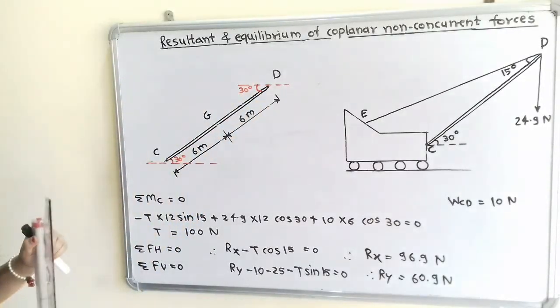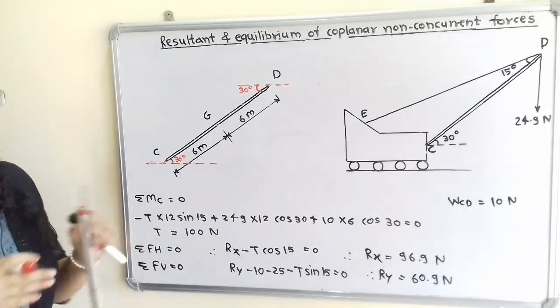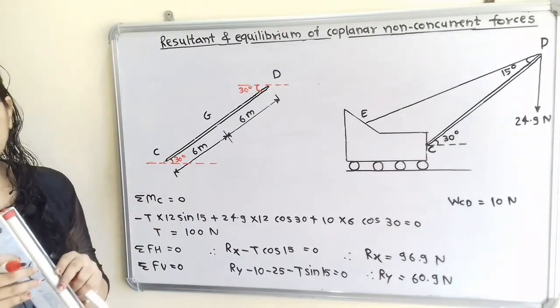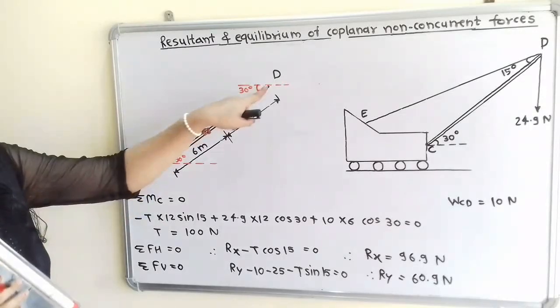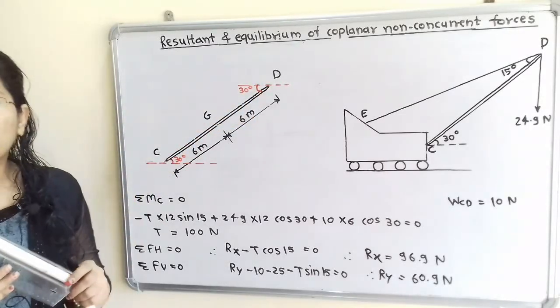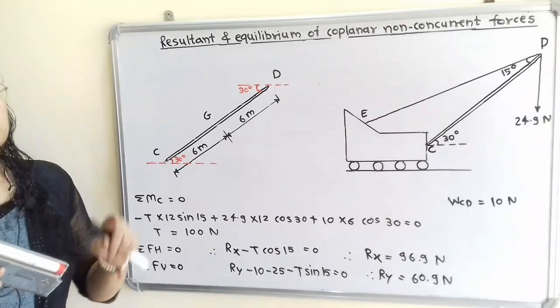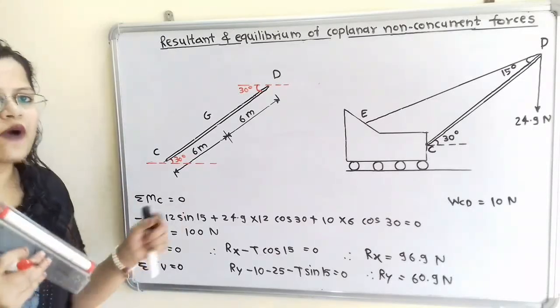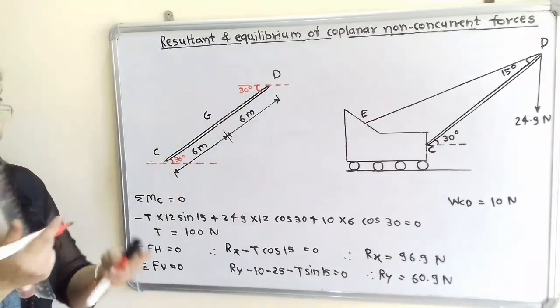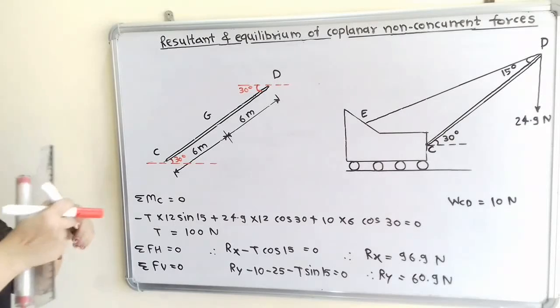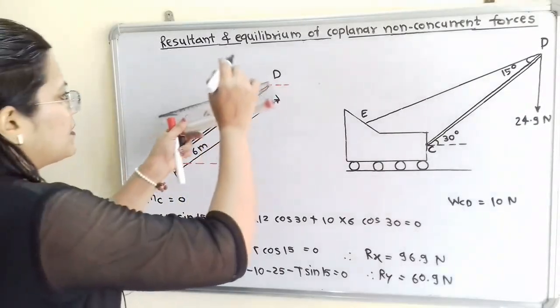We have to find out the tension developed in the cable ED. This cable is connected at point D. Tension we have to show in the outward direction from this point D.